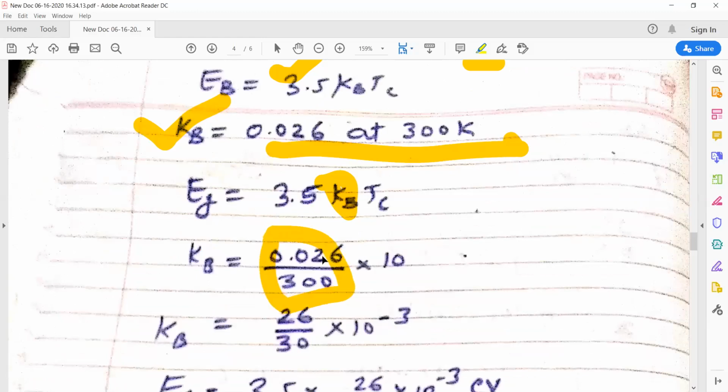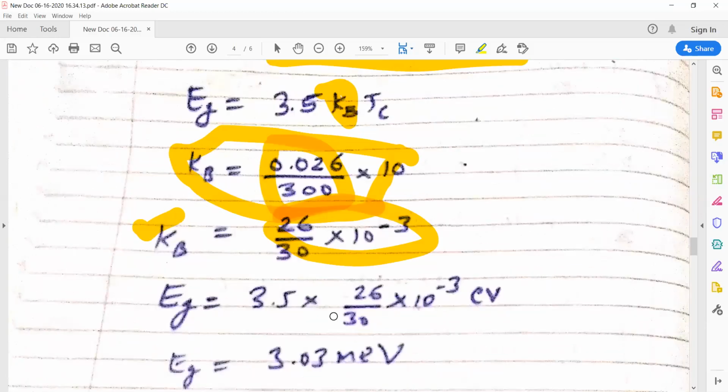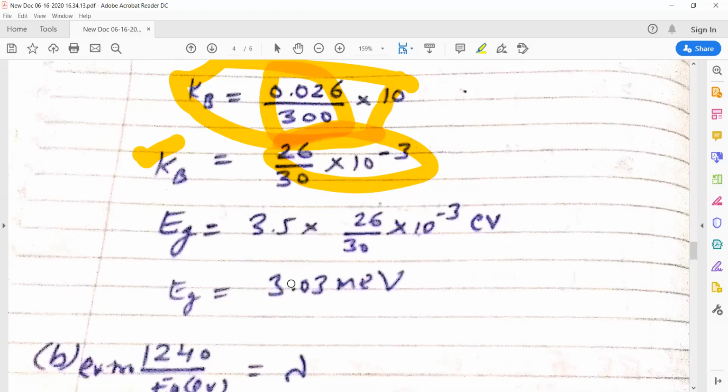So to find it at 10 Kelvin, we will scale accordingly, and this is the final kBTc at 10 Kelvin. We will multiply by 3.5, and then we will get the answer. Eg is equal to 3.3 milli electron volt.